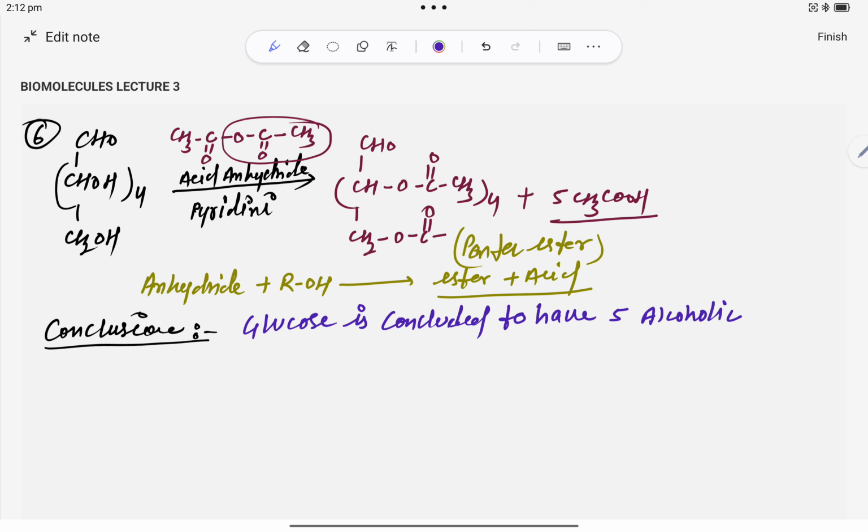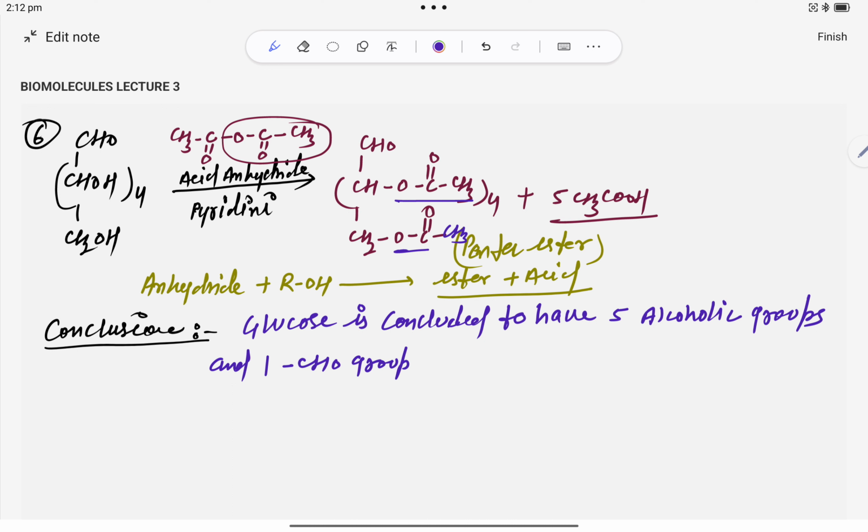Because 5 times CH3CO is attached, that is why pentaester formation. So 5 alcoholic groups and 1 CHO group.